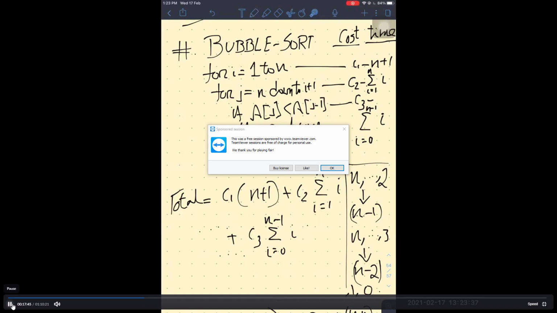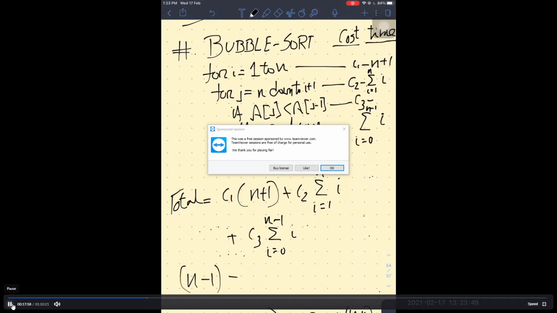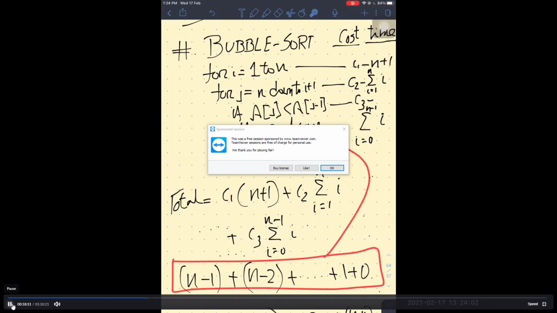So that way we will get a series which will look like n minus 1 plus n minus 2 all the way down to 0. Is it clear how we are getting this series for this if condition?